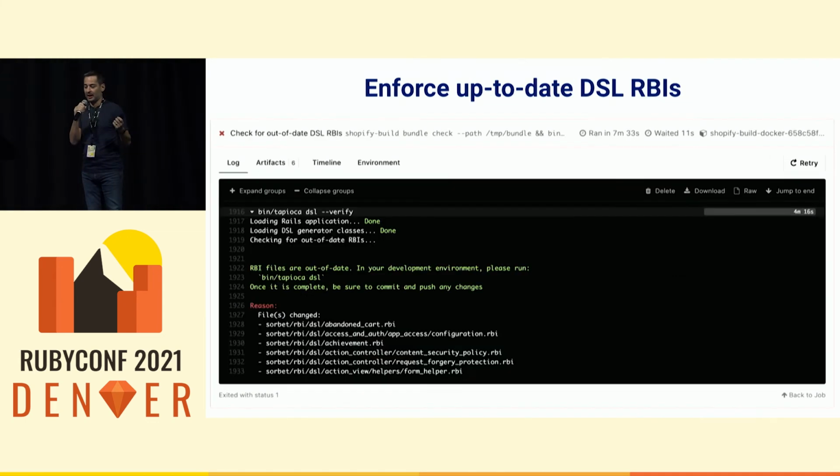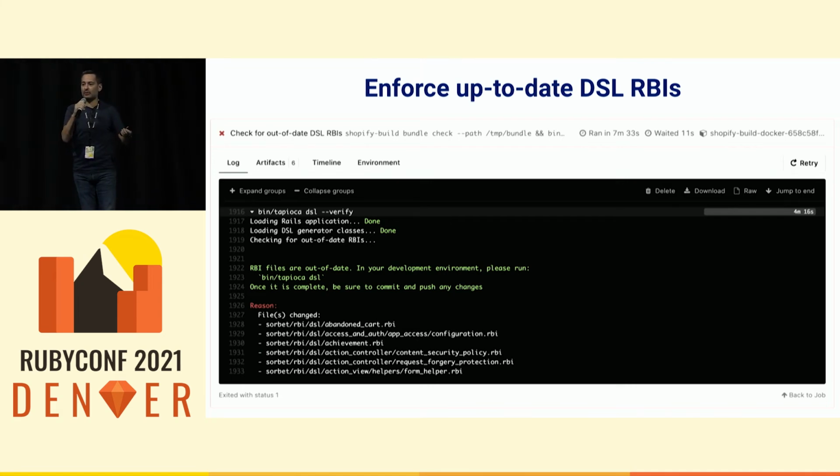Similarly, we talked about DSL RBI files. These are the files that decode the metaprogramming that's happening in your code base. But these quickly get out of sync. For example, if you add a new Active Record model in your code base, it needs to have a matching DSL RBI file.